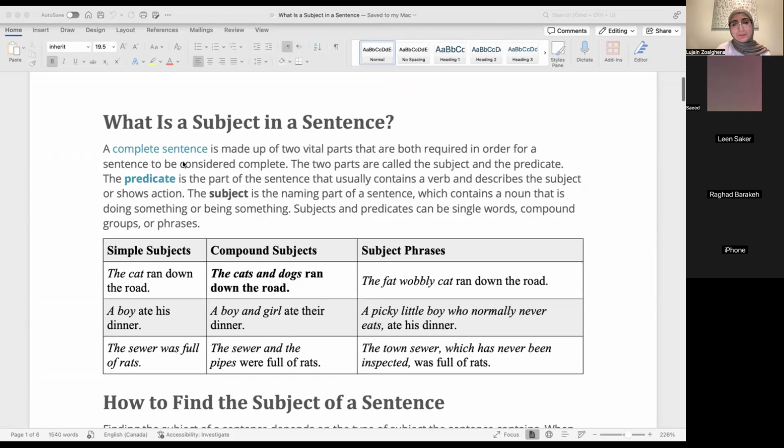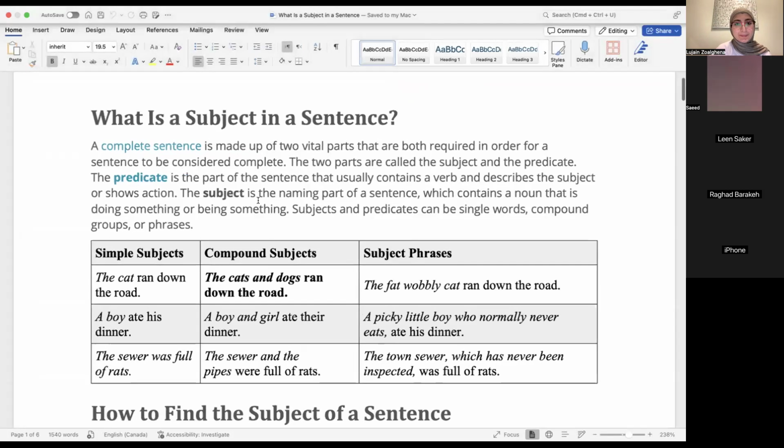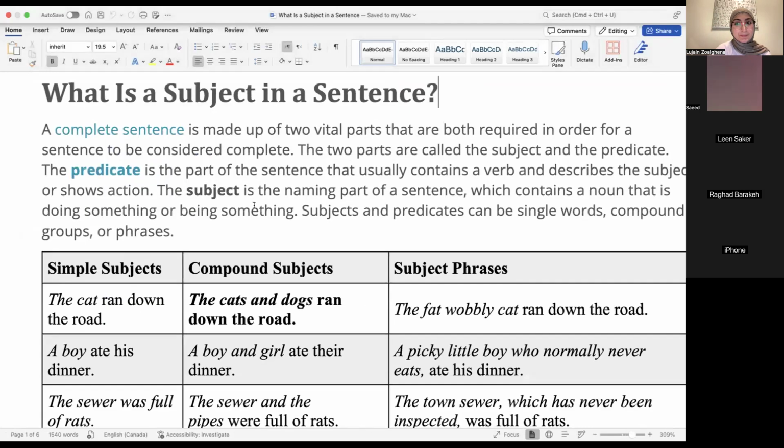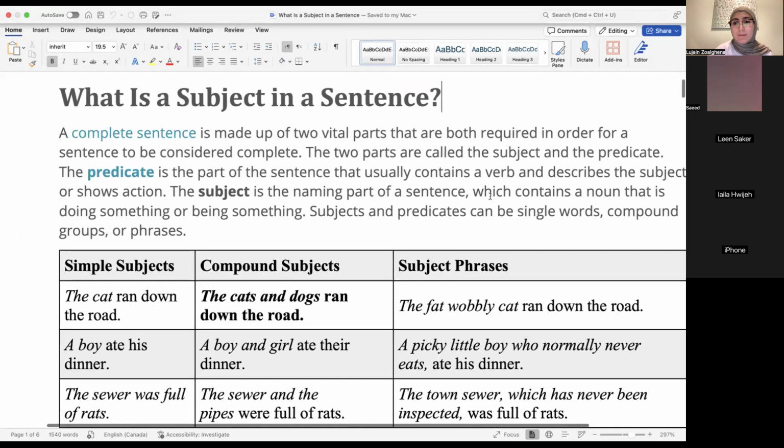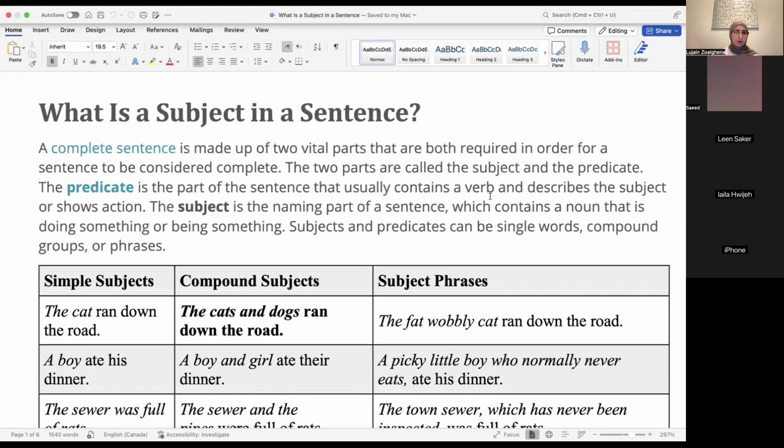Now let's read together. Who wants to read? Of course, Said, you go ahead. A complete sentence is made up of two vital parts that are both required in order for a sentence to be considered complete.